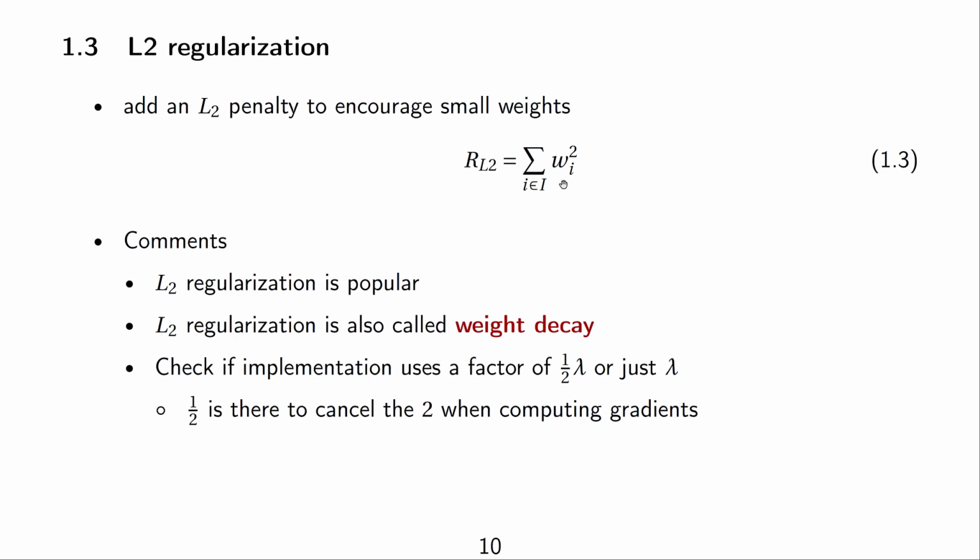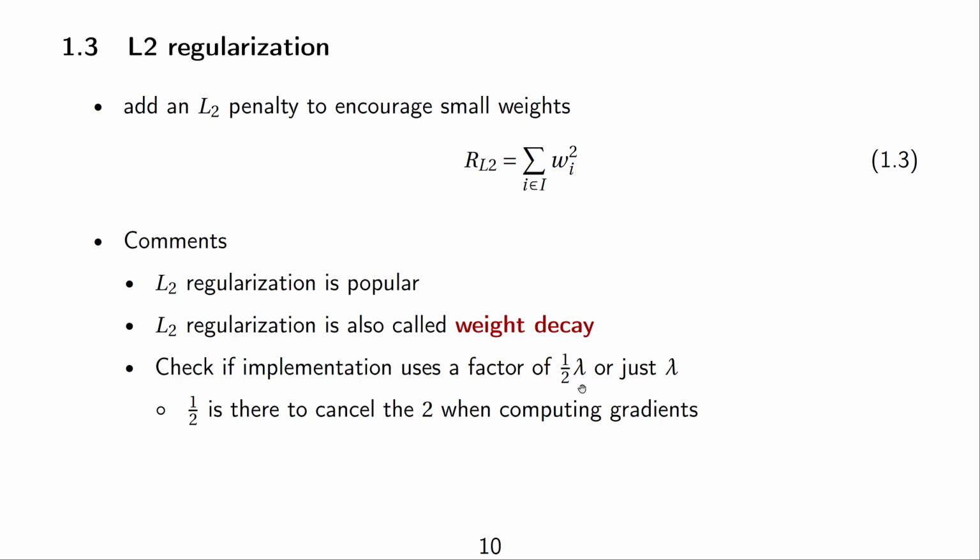That's where this name L2 regularization comes from. L2 regularization is very popular. You might think of it as some form of default choice. As an additional term to know, L2 regularization is also called weight decay.